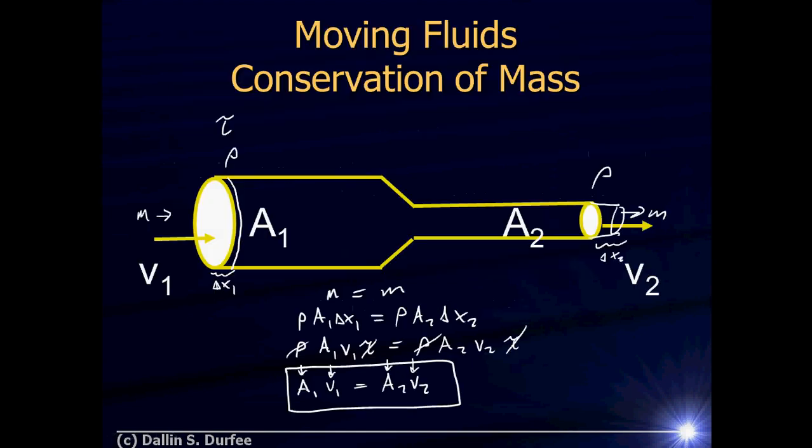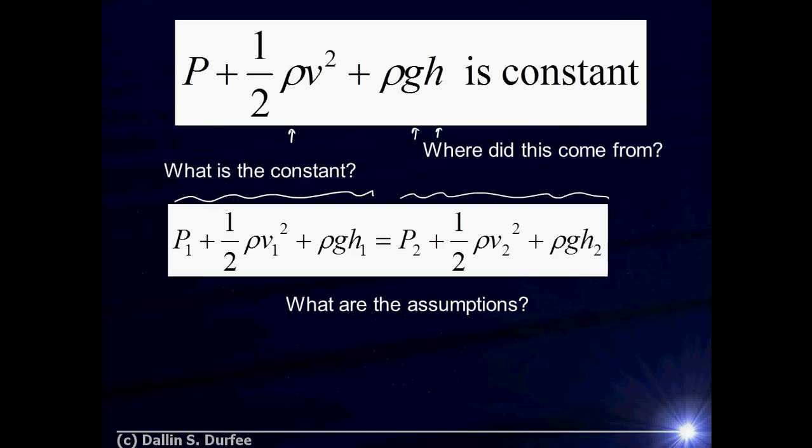So if I go to my pipe here and I measure the pressure, the velocity, and the height right here, and I measure the pressure, the velocity, and the height right here, then if I take all of this stuff for point 1, and I evaluate the same thing for point 2, those will be equal to each other. All right? So that's what we mean when we say it's a constant. If you evaluate that value at any point in the flow, it will stay the same. It'll stay equal to the same value everywhere through the flow. Okay? So that's what the constant is.